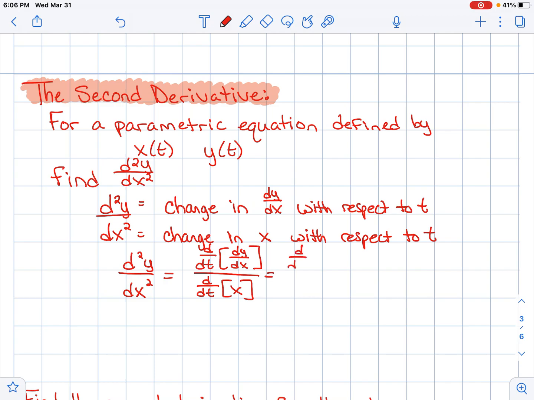So it would be the derivative of y prime of t over x prime of t, and then this would just be x prime of t. Be careful. This is not as straightforward as just finding a second derivative. We're finding the derivative of the derivative, as the numerator, over x prime of t, because we're saying how is the first derivative changing, and then how is it changing as x is changing.